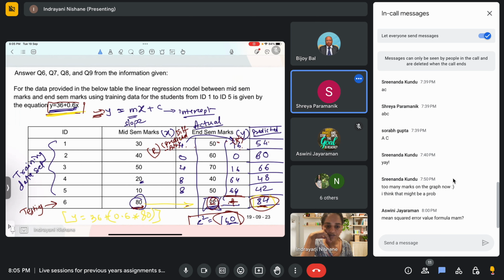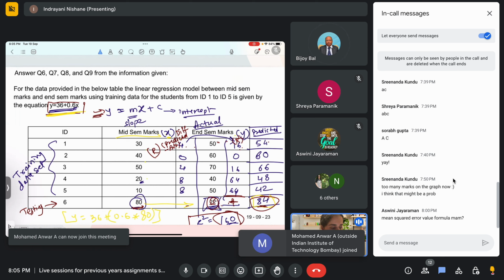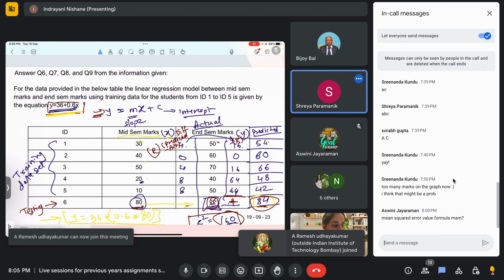By putting the value of x in the equation, this is the x. Mid-sem marks are the x variable for us, because we are using mid-semester marks to predict the end semester marks. So this is the x value and end semester marks are the y value. We are putting all these values as x in this particular formula at the bottom, and that's how we got all these values, like 54, 56 for this particular value.